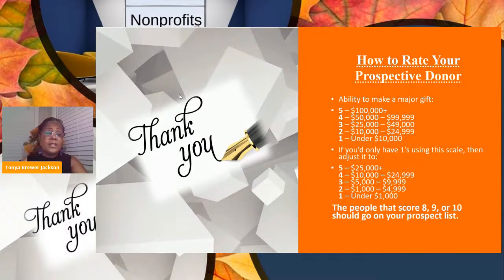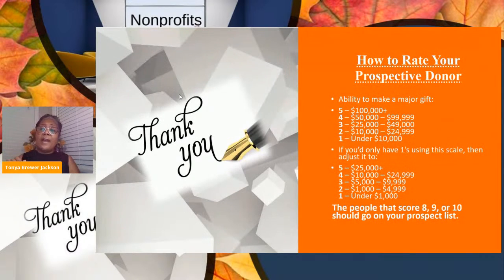It could have been a one-time situation where maybe they got paid out on a life insurance policy, and they decided they wanted to give a portion of that to an organization. So they give a one-time gift of $10,000. But when you analyze that donor and do the analytics on it, you may find out that their capacity is less than $1,000 that they can basically give. I hope you're understanding that, because this happens a lot.